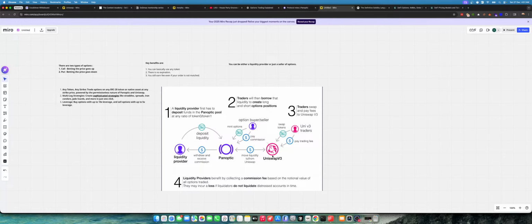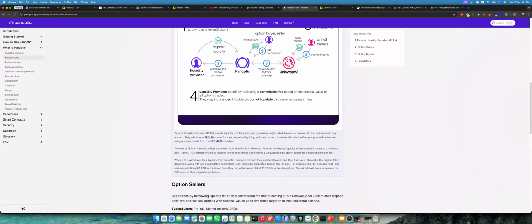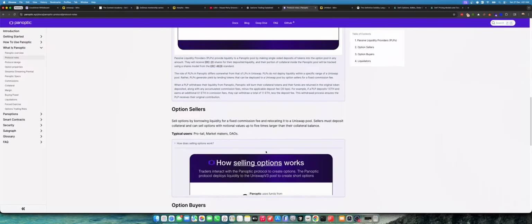Whenever a swap happens on Uniswap, the pool earns fees and they move back to Panoptic, in addition to the commission. The benefits for LPs are the additional fee from the Uniswap pool and the commissions. They may incur a loss if the position becomes bad, which sucks.